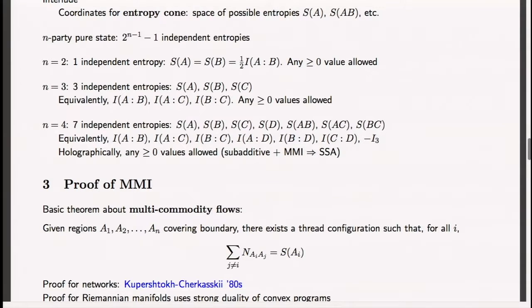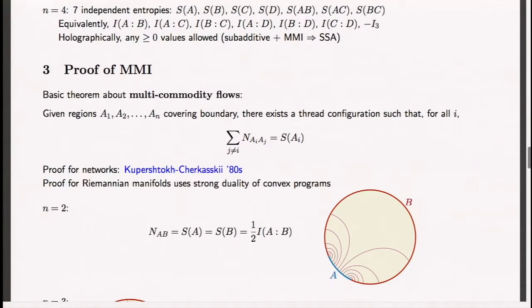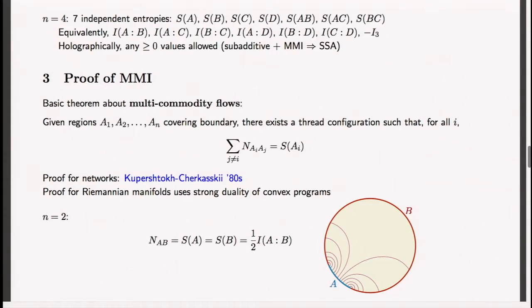For a given thread configuration, there's some number of threads connecting region A_i to region A_j. That's n_{A_i A_j}. Maybe examples are more useful than words here. The first example is not so useful because it's way too trivial, which is n equals 2.